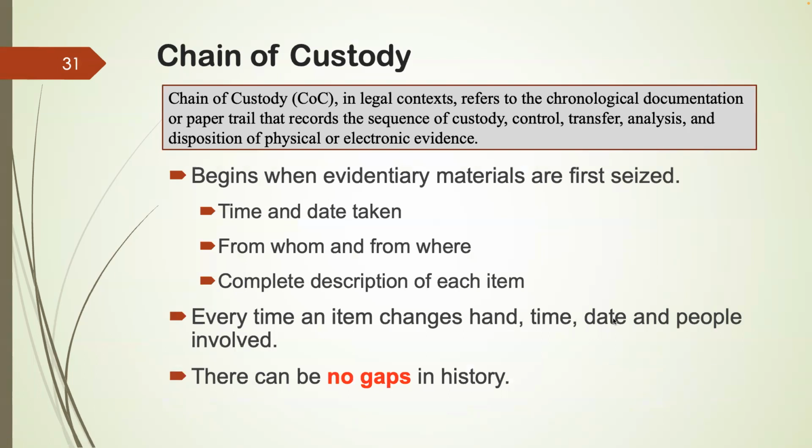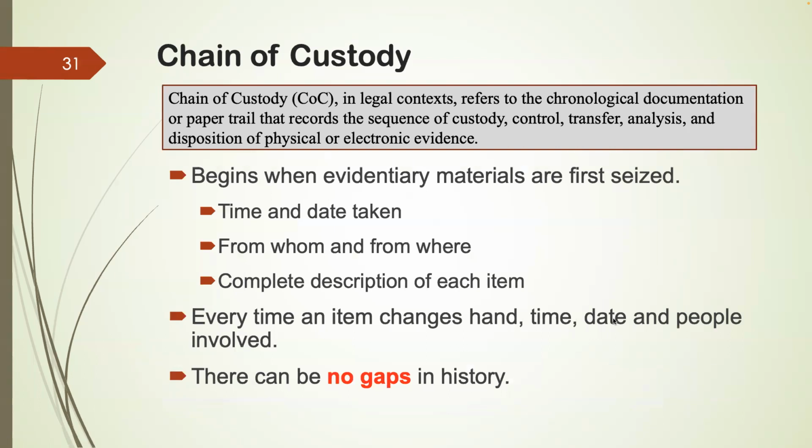Another important thing in process documentation is the chain of custody. As I mentioned earlier, when we were talking about data acquisition, when you acquire the data from the suspect machine, you make copies of it and store that data in your own hard drives. From that point onwards, you have to maintain a chain of custody.